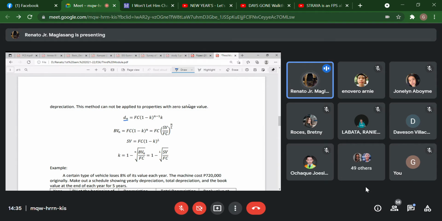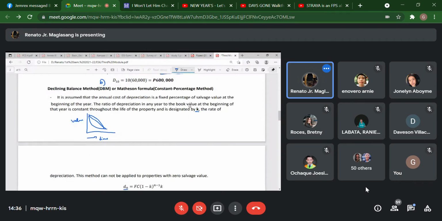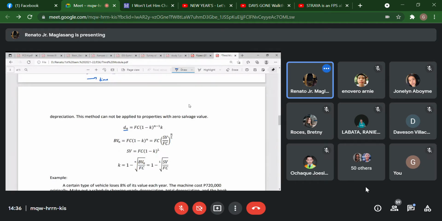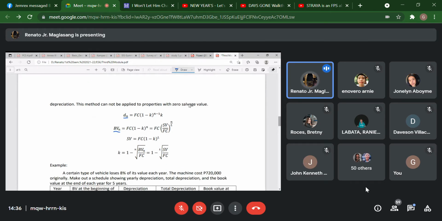Unlike the straight line method, where it is the same all throughout, that's why it only has D. If you notice, in the declining balance method it is D sub n, meaning every year there is a different value of depreciation, because the value of depreciation cost will be reflected upon the book value. So every year the book value decreases, so every year the value of the depreciation cost decreases also.